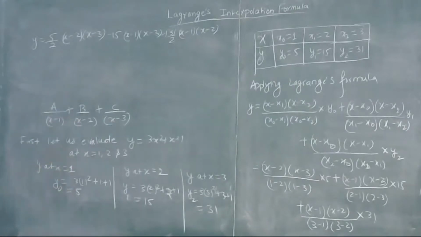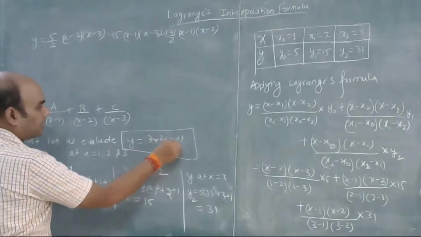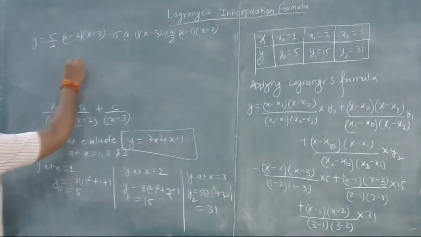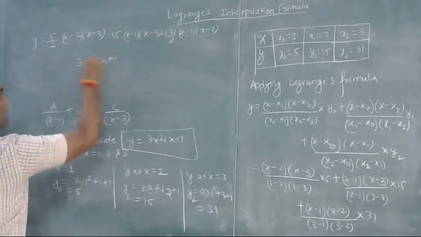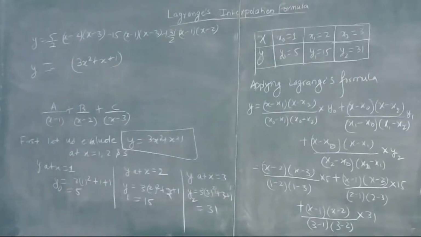Okay, so what we assume is that y is equal to this, 3x square plus x plus 1. Okay, so we will substitute here. The given function is 3x square plus x plus 1, so this is equal to y, and this is replaced like this. Now we'll substitute here.